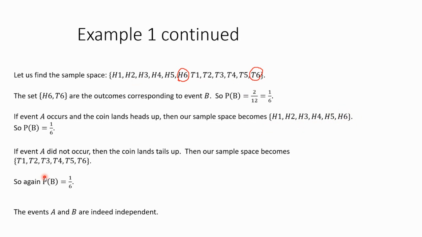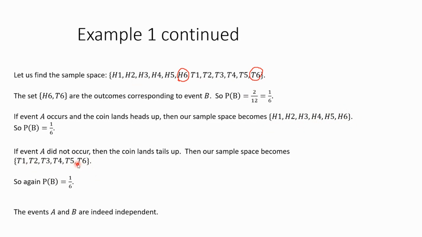But let's say we were wrong. Let's suppose A did not occur. The coin didn't land heads up. Let's say it landed tails up instead. In that case, these are our possible outcomes, the coin landed tails up. So these are the only outcomes we would care about then. Now how likely is it we can roll a 6?